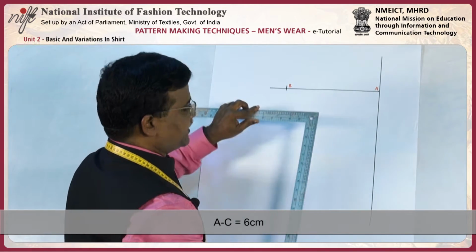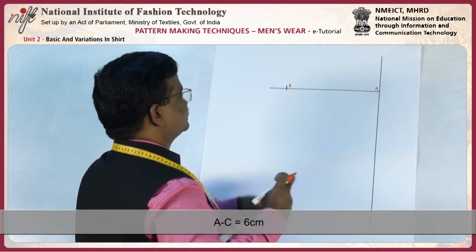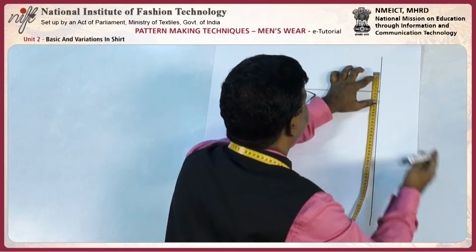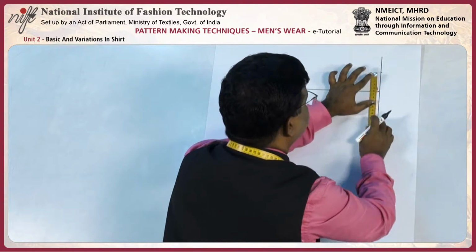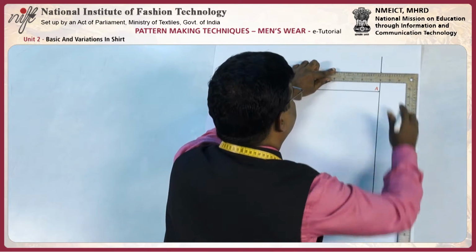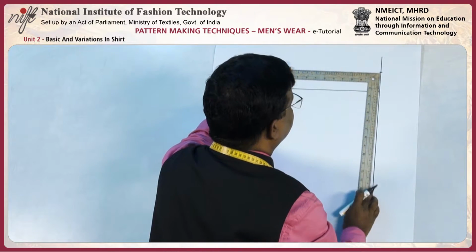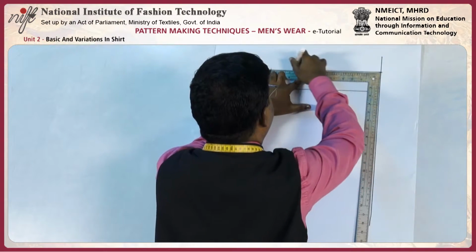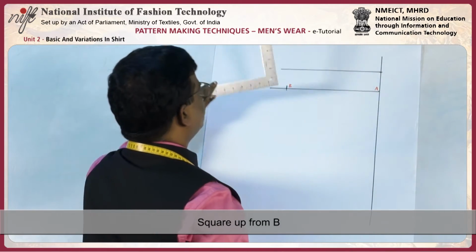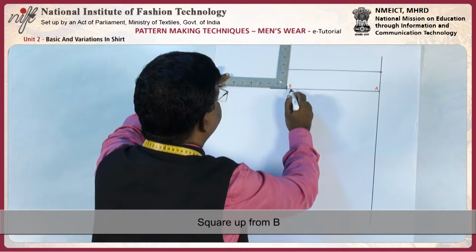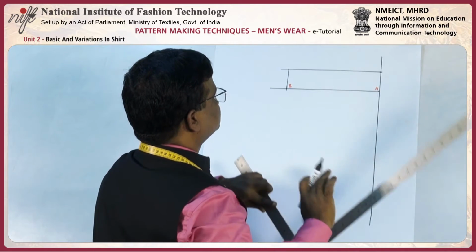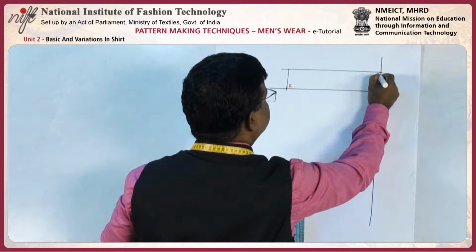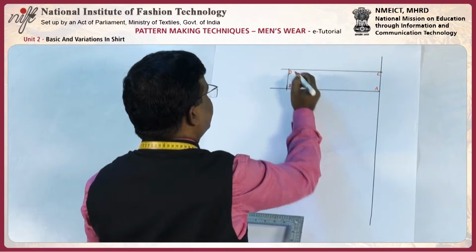A to C 6 centimeter. Square out from C, then square up from B. And label CD.